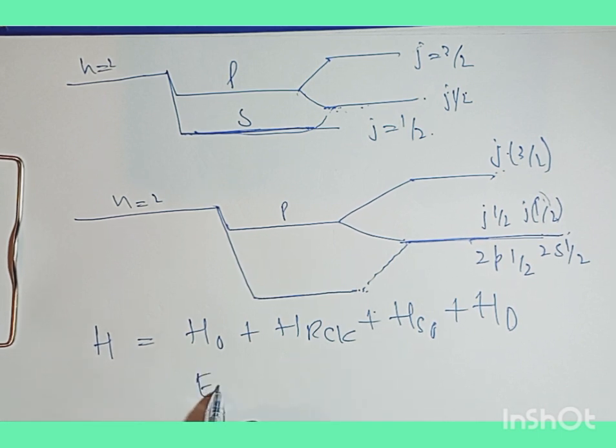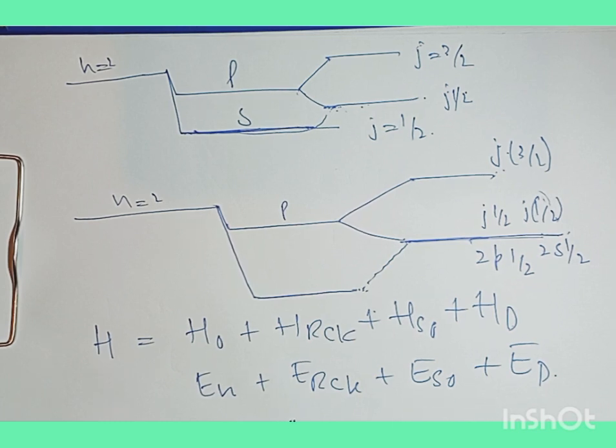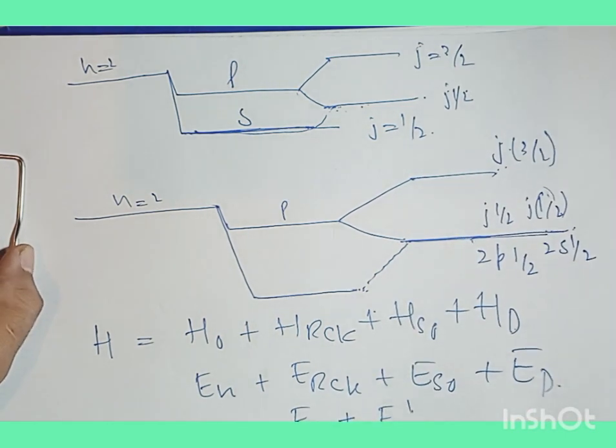So what we will have here is En plus E relativistic plus E spin orbit plus E Darwin. I will write this as En plus E dash. So E dash will take care of the terms that have been added to the original Hamiltonian. When all of these terms are added mathematically, with all the modifications done, we achieve the final equation for this E dash.